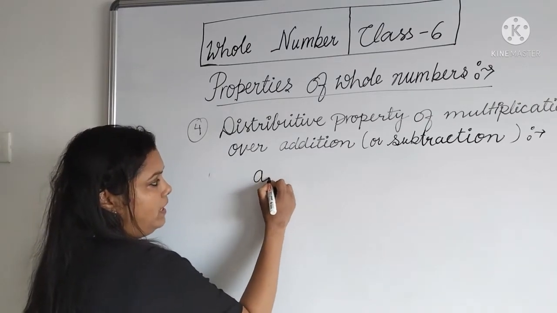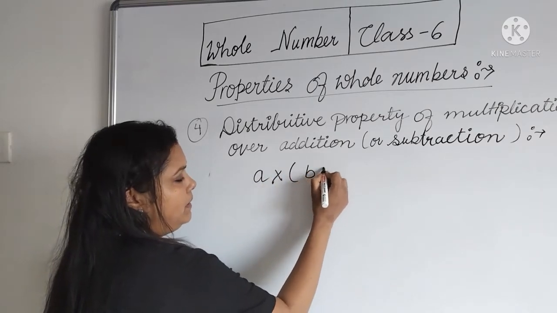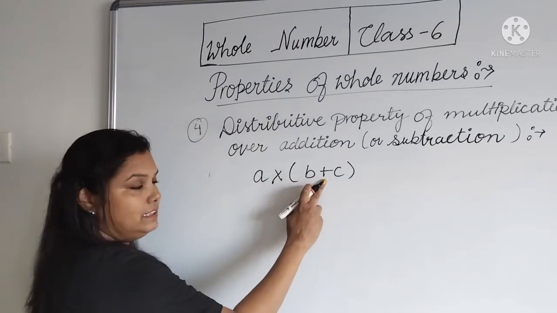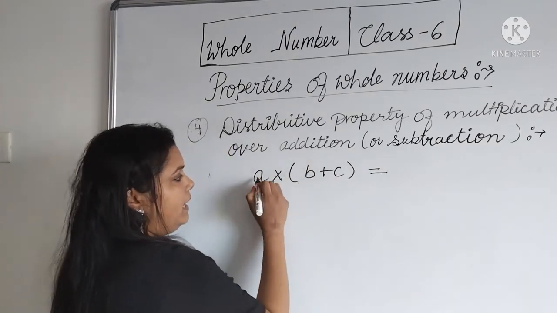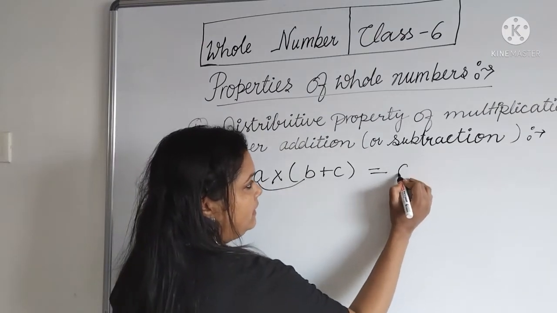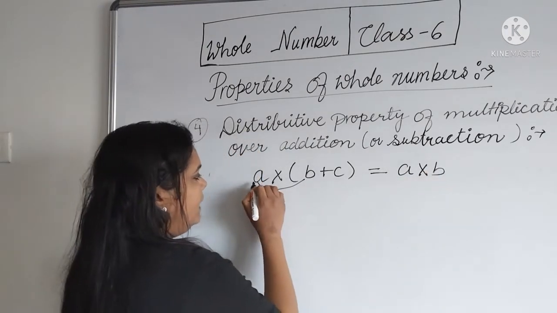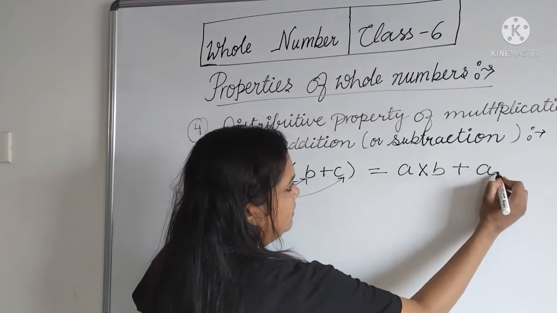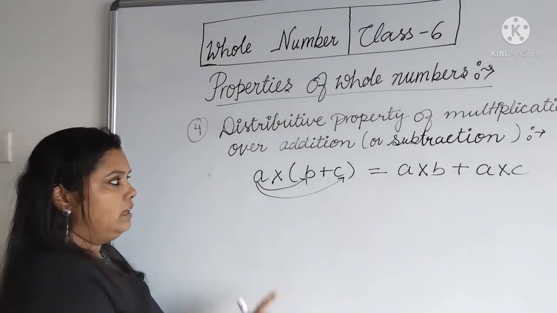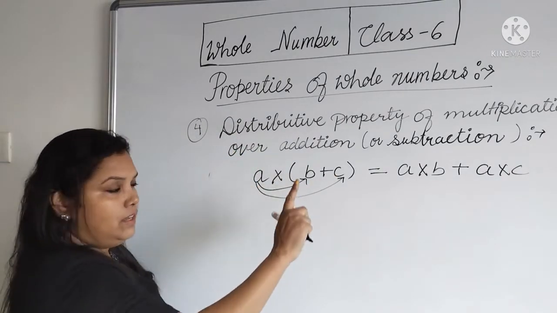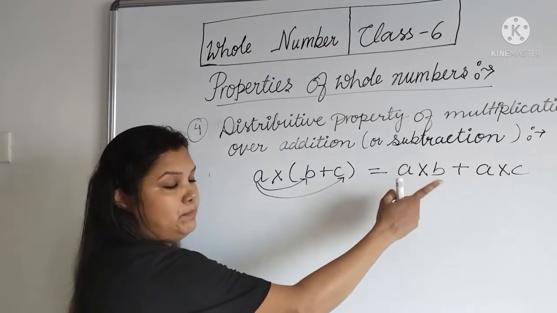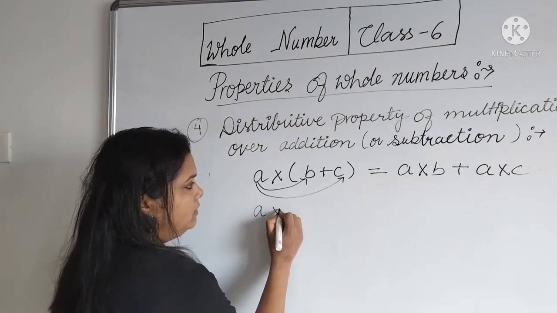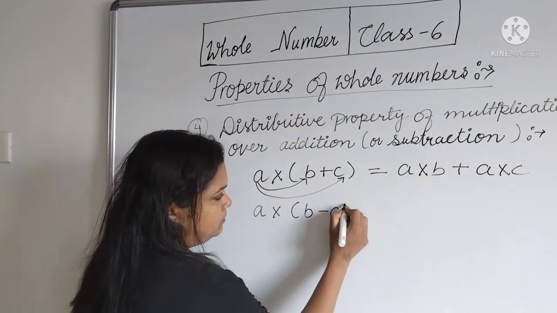Okay, so A multiplied by B plus C. This is multiplication, this is addition. Now how it distributes? A will be multiplied with B, A multiplied by B, and A will be multiplied with this C, plus A multiplied by C. Okay, A multiplied by B plus C, it will distribute A multiplied by B and A multiplied by C. It is similarly true for subtraction also.